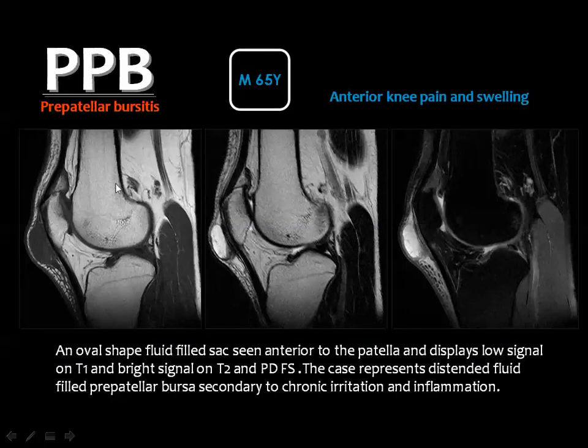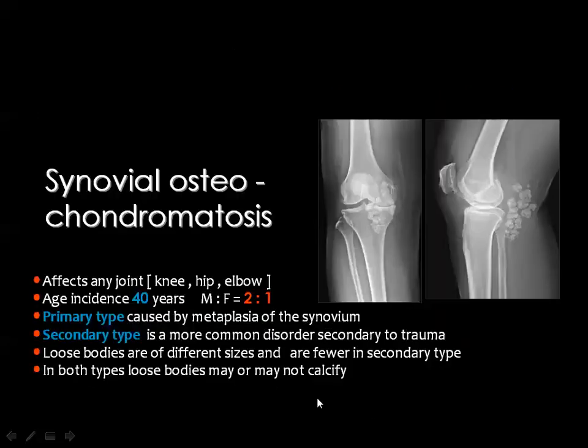Then this is prepatellar bursitis. You got some fluid accumulation in the subcutaneous region anterior to the patella, low signal in the T1, high signal in the T2, and high signal in the STIR images.